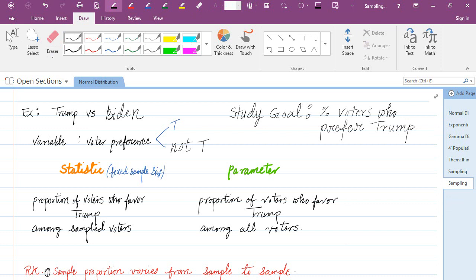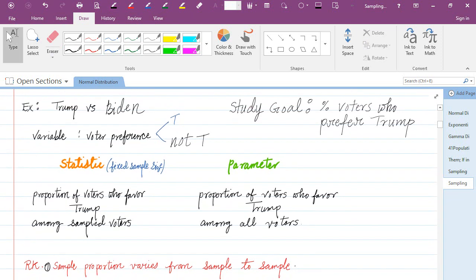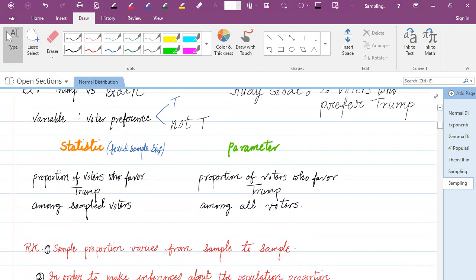Now, in this example, what's the parameter? Well, the parameter would be either the count, which means the number of voters who favor Trump among all the voters, or the proportion of voters who favor Trump among all the voters.